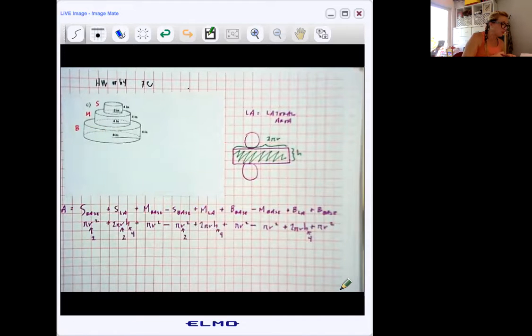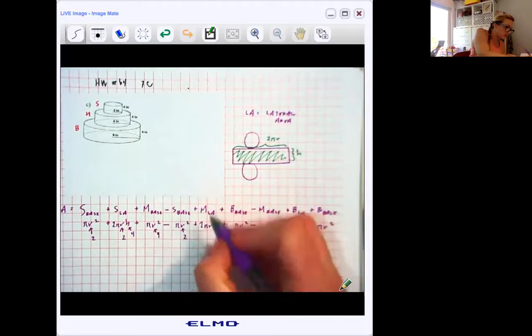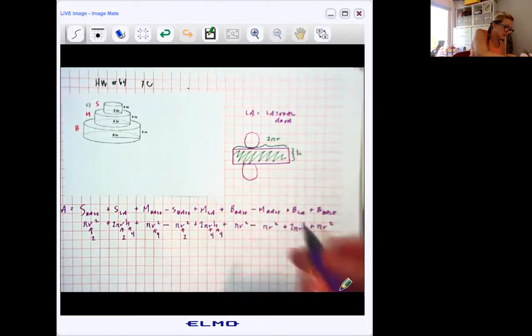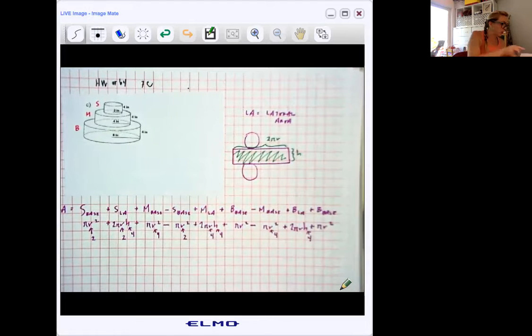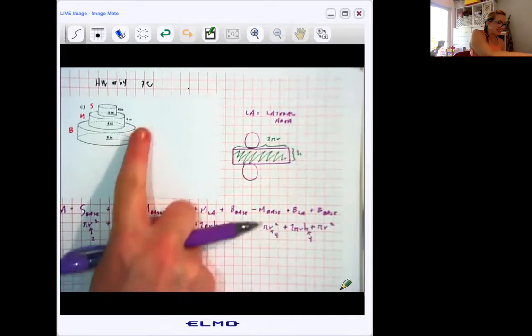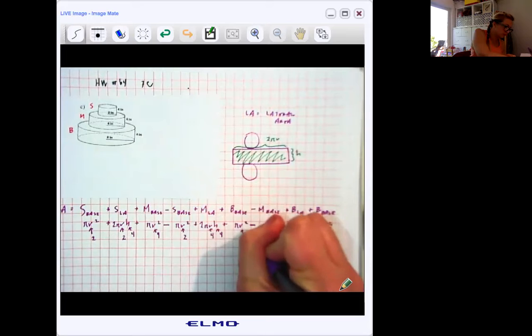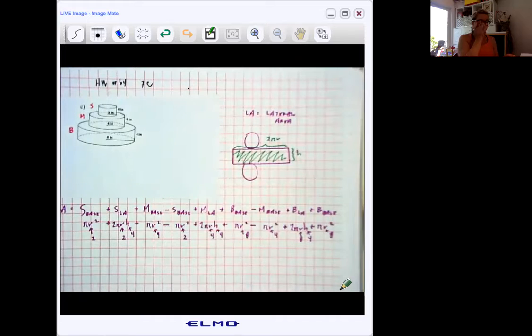So I can plug in a 4 for all of those mediums. And then for my big one, my radius is 8 and the height is 4. All right, so we're ready.